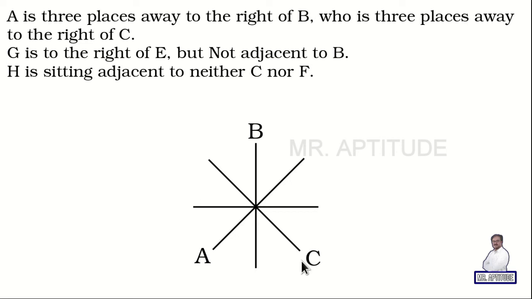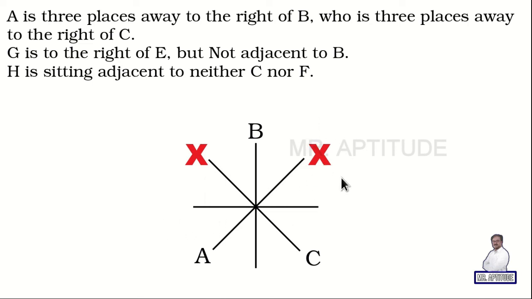Which condition should we choose as the next one? We can go with the second one. G is to the right of E. What does it mean? G and E should sit immediately next to one another. So you can place G and E either this way or this way. But you are given that G is not adjacent to B. You cannot place G here and you cannot place G here.